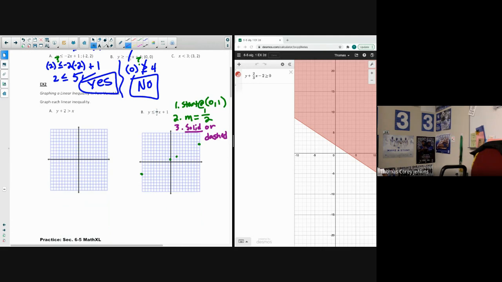So I'm going to pull up a solid boundary line here. And there you go. This is very similar to what we did in chapter 5. Now that I have my boundary line, the fourth and final step is: which side of that line do I shade?